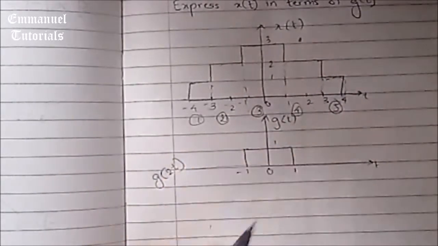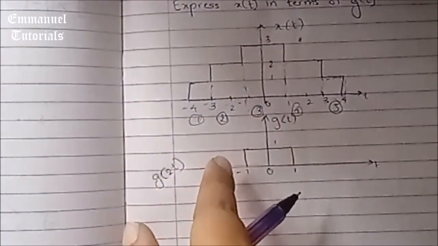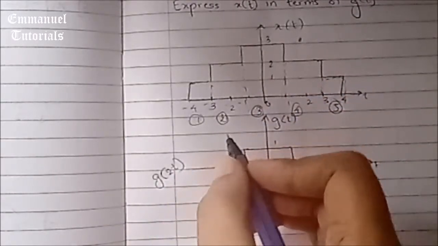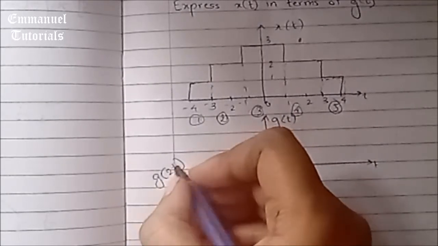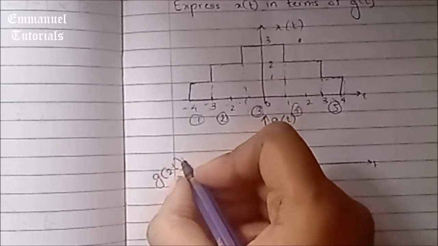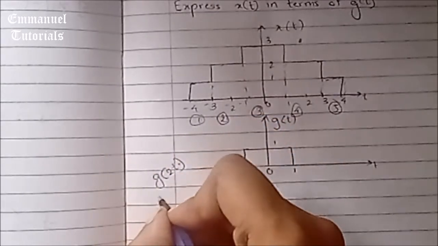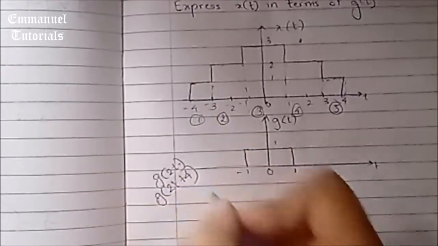Plus it's not only compression, it's also shifting. So by how much have we shifted it? We have shifted it by 4, and it is an advance, it's not a delay. So for advancing, what do we do? It is g of 2t plus 4. So can we write it as g of 2t plus 4, right?